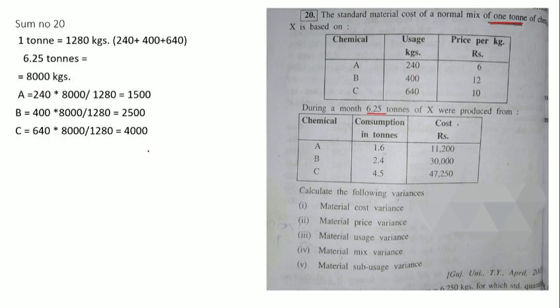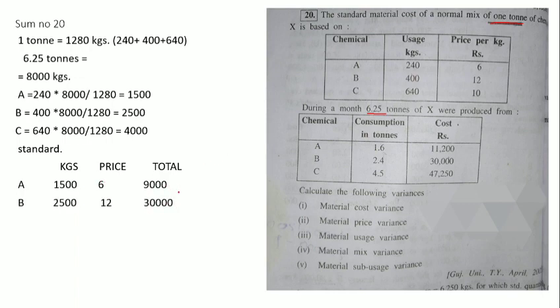Now after this, make the table for standard materials. Standard, kgs, price and total. For chemical A, kgs are 1500, which we calculated above. Price as mentioned in the sum, which is 6, and the total is 9000. Means 1500 multiplied by 6, so the answer is 9000.